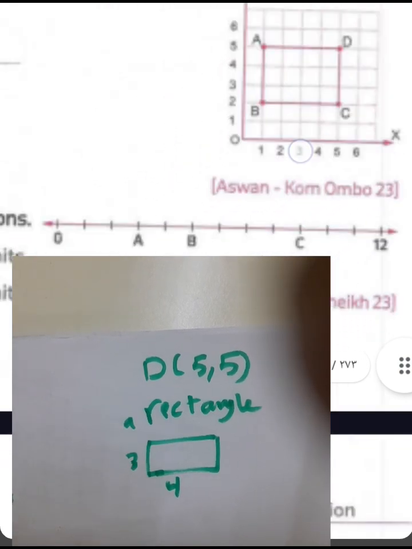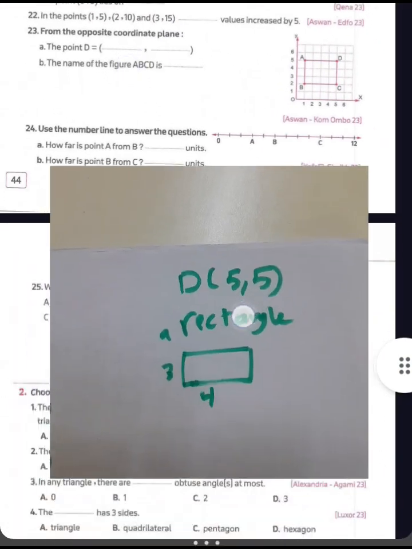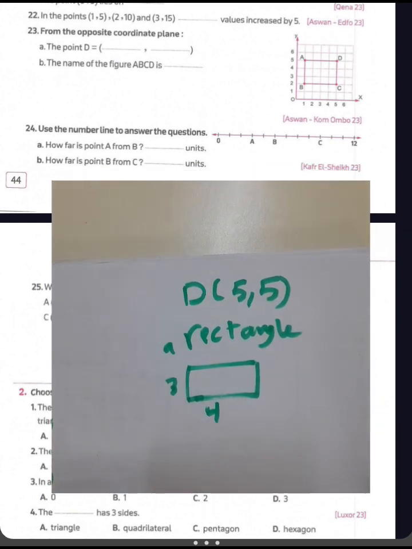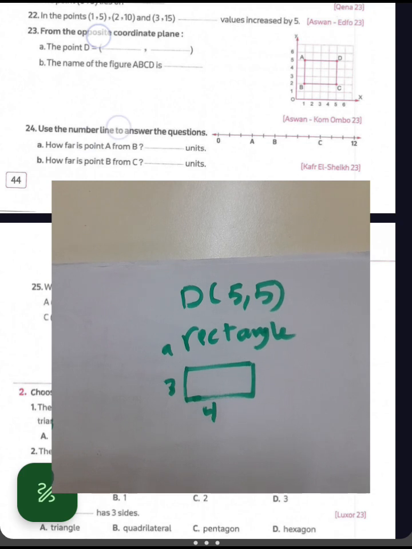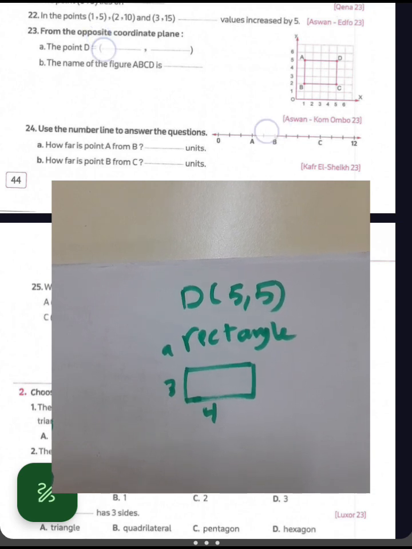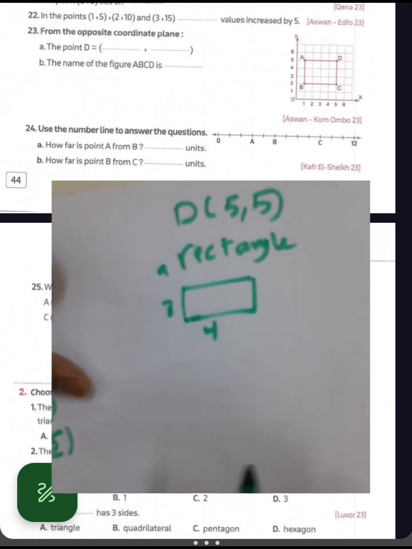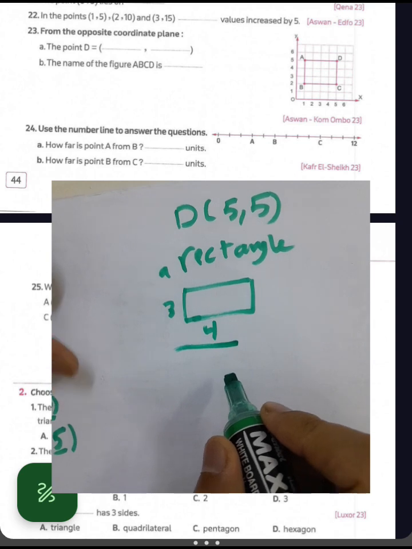Next question, number 24. Use the number line to answer the questions. How far is point A from point B? We want to find the distance between point A and B. We have 2 units between A and B. Count with me, 1 and 2. Then the distance between A and B is 2, or the length of AB equals 2 units.